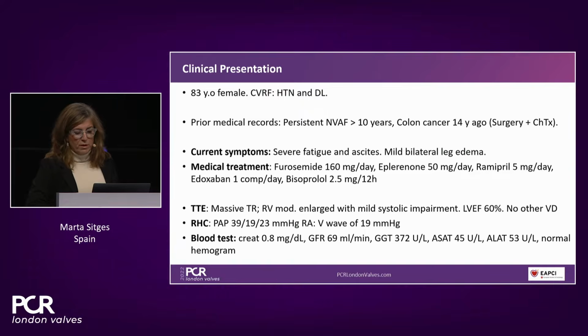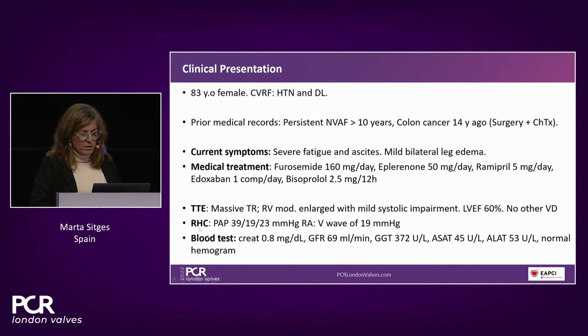She's already on very high doses of diuretics, as you can see here, 160 of furosemide, eplerenone also. Transthoracic echo shows massive tricuspid regurgitation with a moderately enlarged right ventricle, with mild impairment of systolic function. Left heart is fine, normal ejection fraction of the left ventricle, and no other heart valve disease.